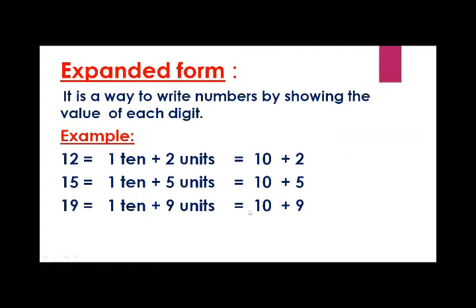So we can write 1 ten means 10 plus 9 units, because units show the single digit. That's why we write a single digit number: 9, 5, 6. These are one digit numbers. But 10 shows a two digit number. So this is a form of expanded form.